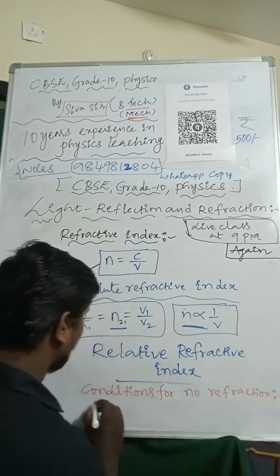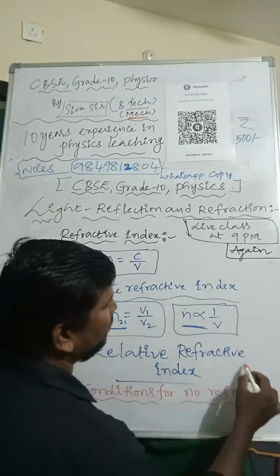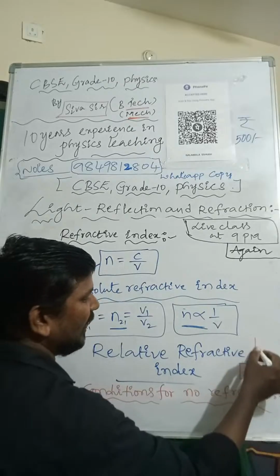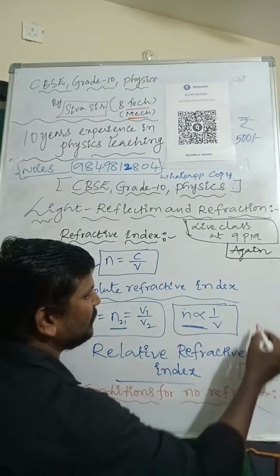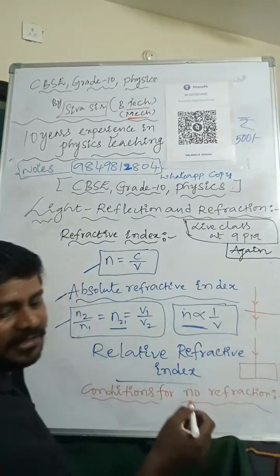If this is the object, I'm taking a glass slab. If the light ray passes along the normal line, no refraction takes place.